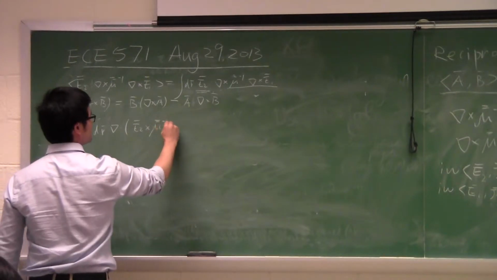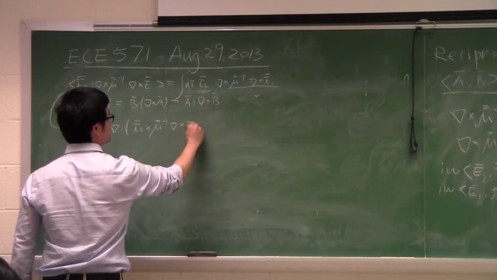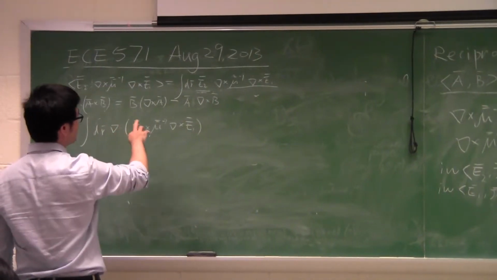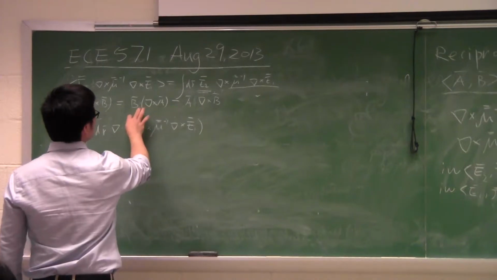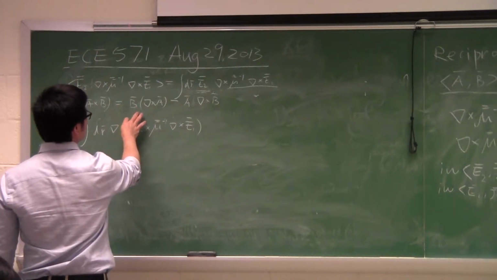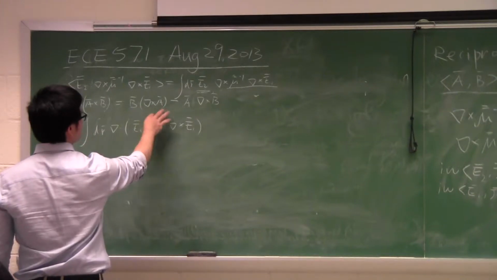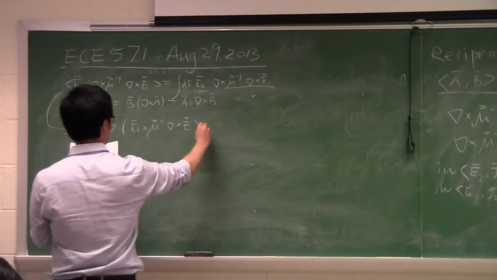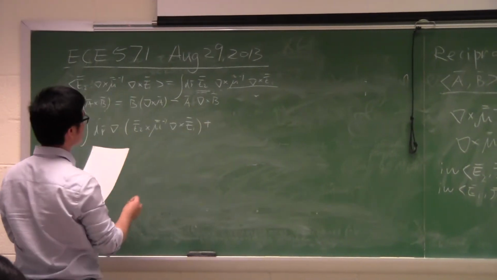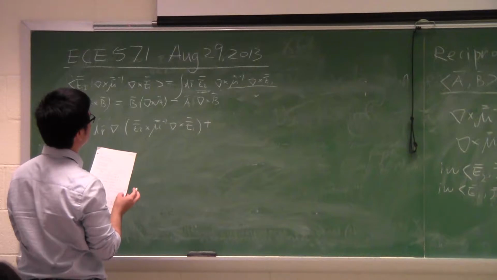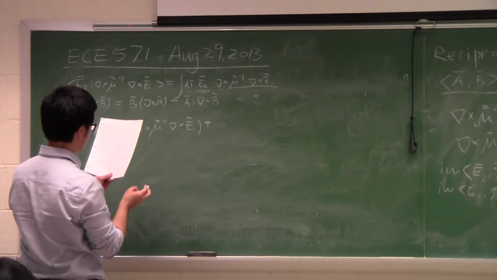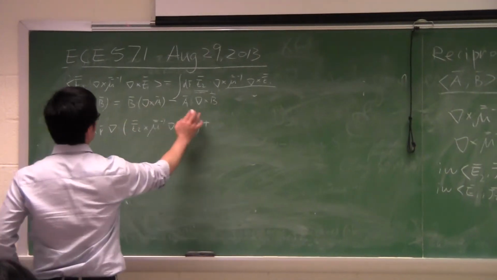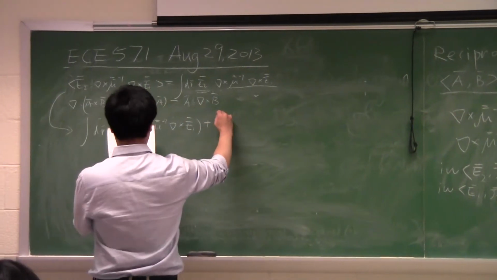So I have mu inverse curl E1, and then moving this term over here, it will have this.